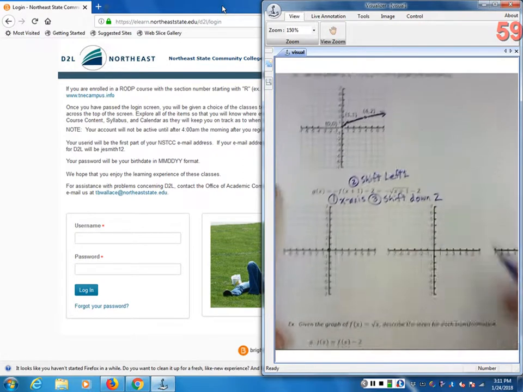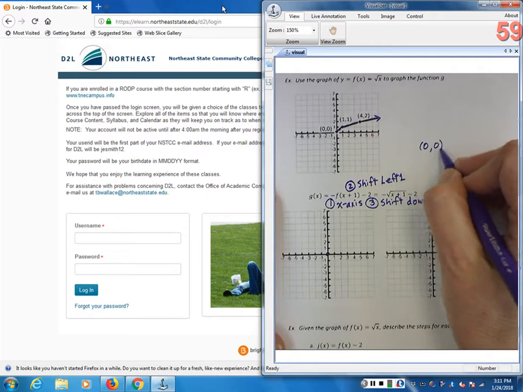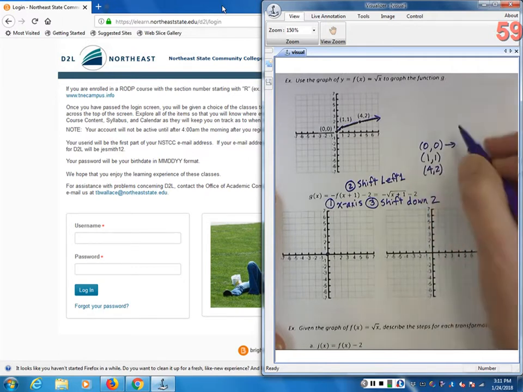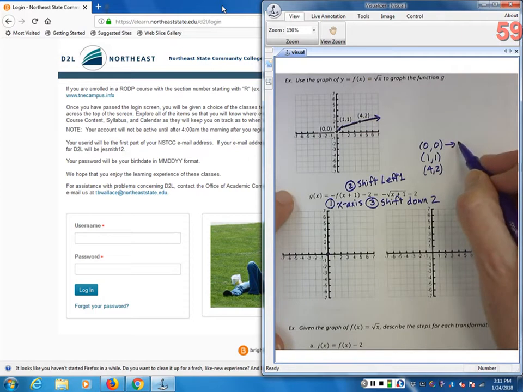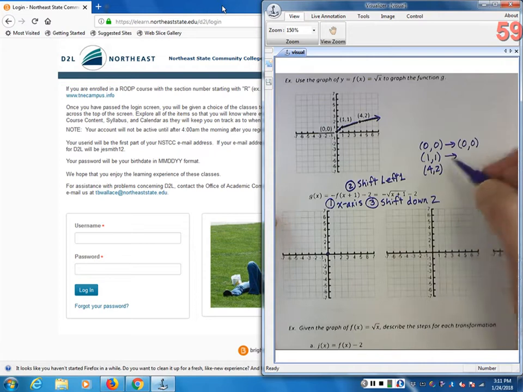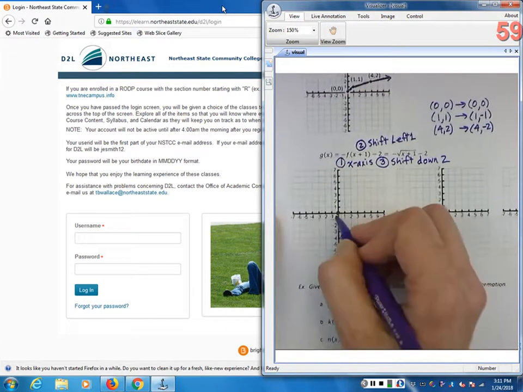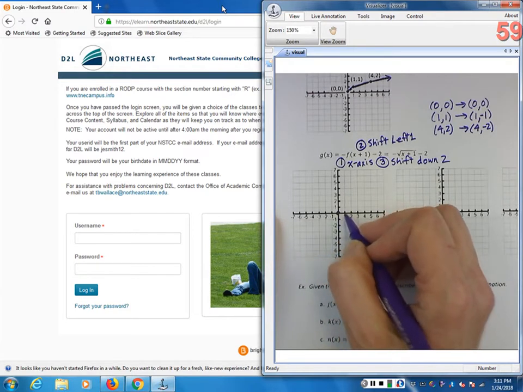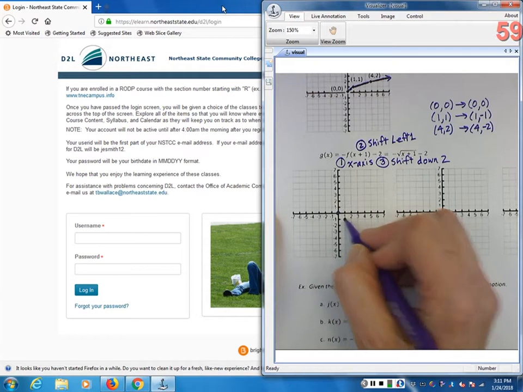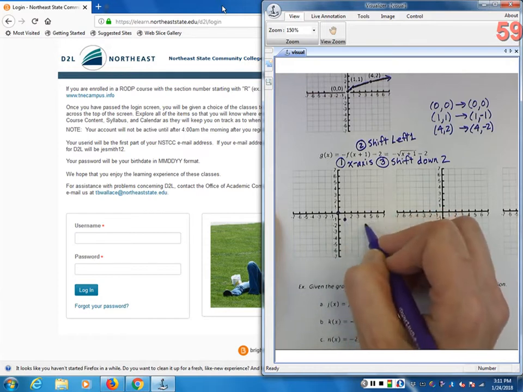So I could actually show you 0, 0, 1, 1, 4, 2 changes to 0, 0, 1, negative 1, and 4, negative 2. We're reflecting about the x-axis.